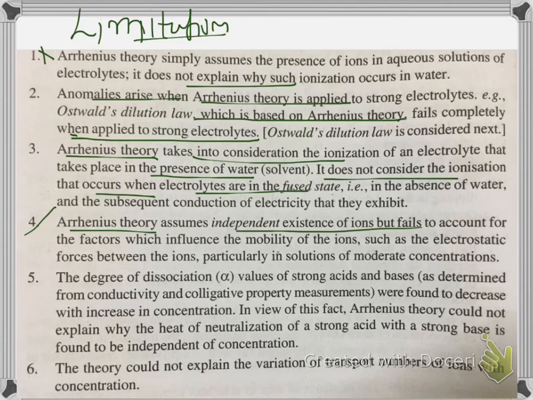According to Arrhenius, when an electrolyte is dissociated in a particular solvent, especially water, then that ion is completely free to move throughout the solution without the influence of any counter ion at any concentration. Actually, that statement is wrong.